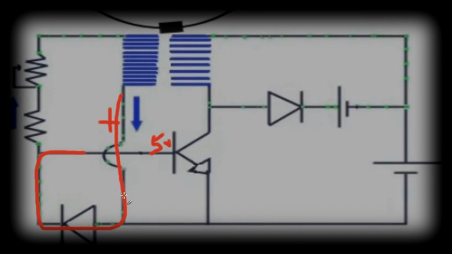And that's what that diode does in a nutshell. So again, this is your trigger winding. This is your drive winding, the one that does the flyback generation and uses power to spin the wheel.